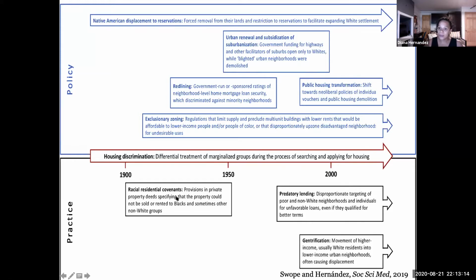From a practice perspective, you have racial residential covenants, you have predatory lending that has happened, more recently gentrification, and Professor Atuahene's work is really getting us past this point to think about where municipalities, for instance, are also in practice creating adversities in the housing realm.